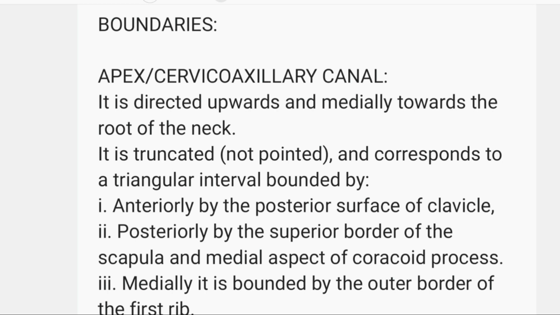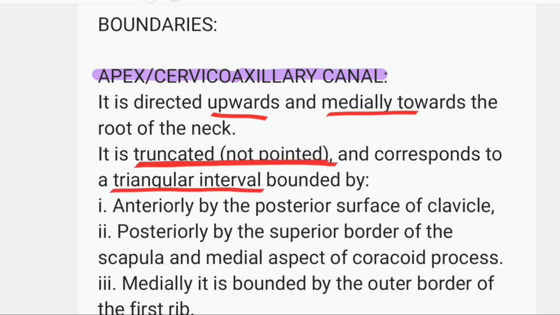To discuss the details about the boundaries, at first, the apex, also called the cervicoaxillary canal. It is directed upwards and medially towards the root of the neck. It is truncated, not pointed, and corresponds to a triangular interval.